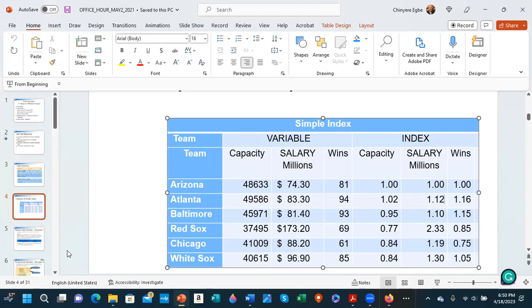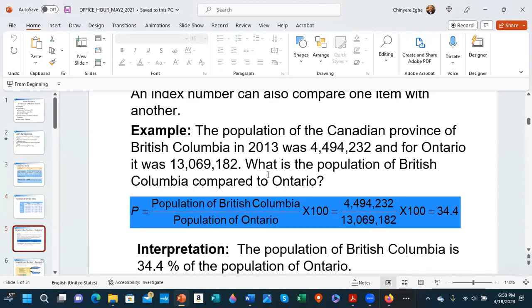All right, so now the interpretation here, for example, the population of the Canadian province of British Columbia in 2013 was 4 million, and for Ontario, it was 13 million. What is the population of British Columbia compared to Ontario?